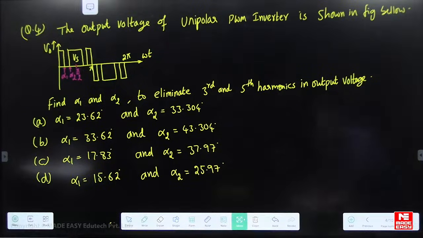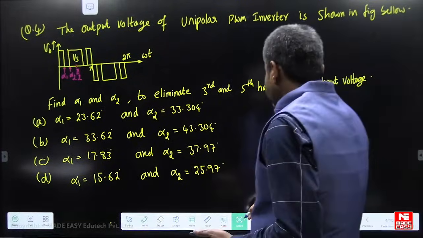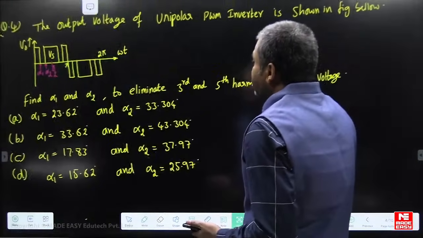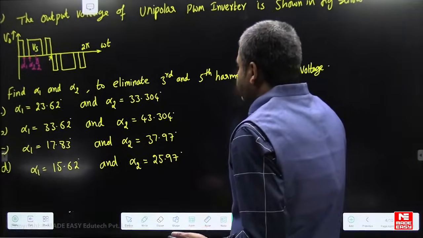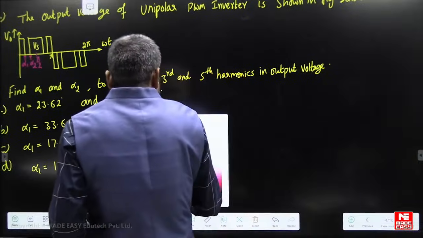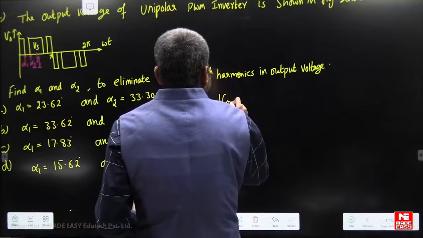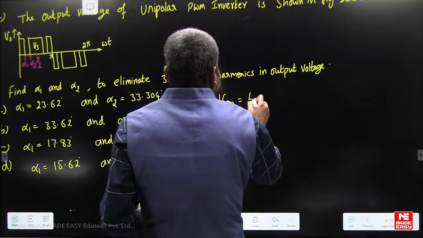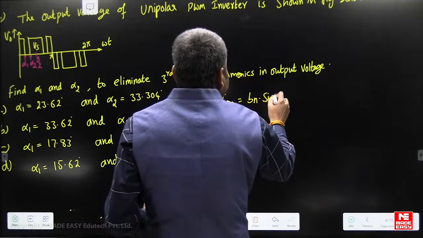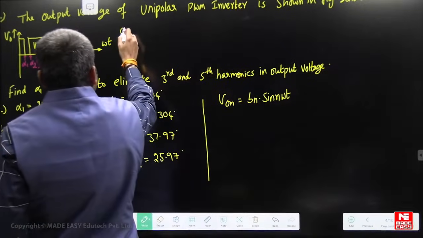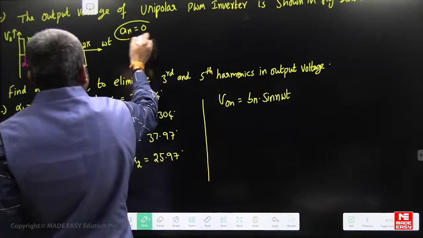Students, let me solve this question. We have to find the Fourier series for this waveform. The equation for the nth harmonic voltage is Bn into sine of n omega t, because An is 0. Why is An 0?